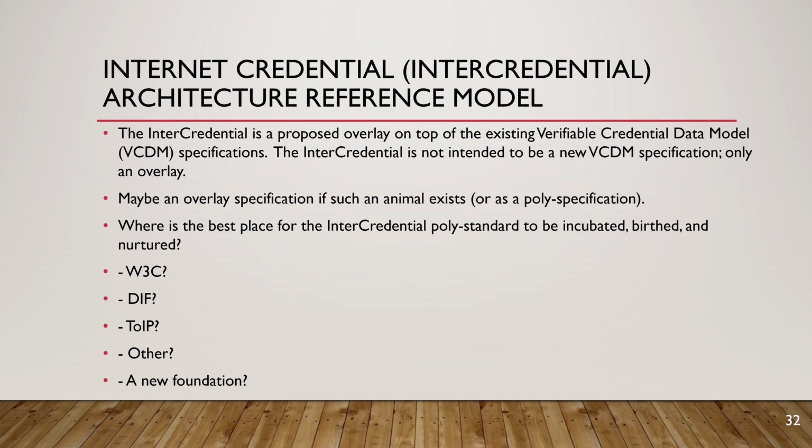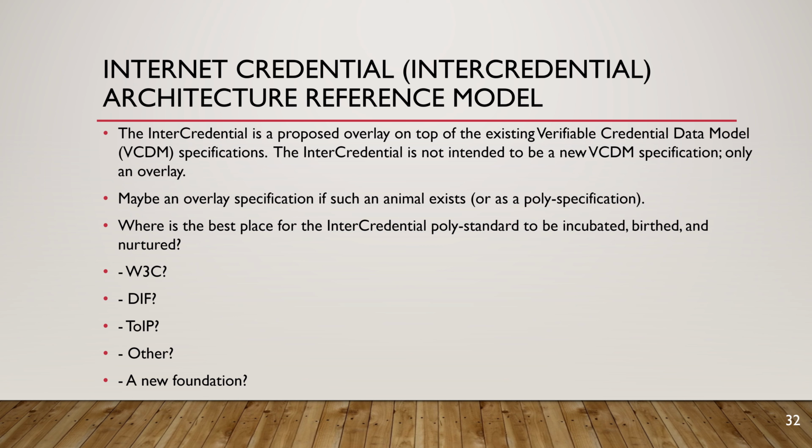Because the InterCredential architecture reference model spans so many technologies, a number of different standards organizations, a number of different specification documents, I've coined the name poly-specification. So the InterCredential architecture reference model is a poly-specification. It spans verifiable credentials, it spans DIDComm, it spans the trust spanning layer framework.